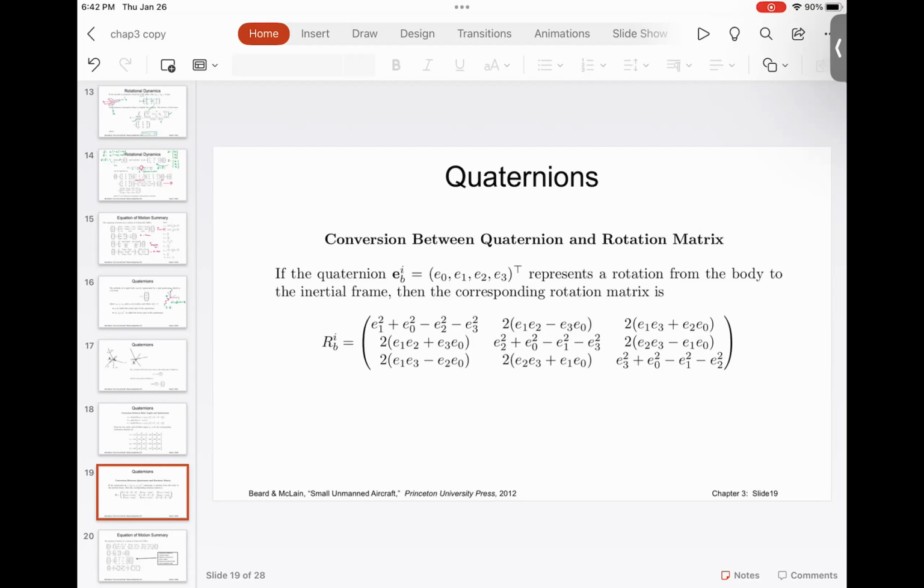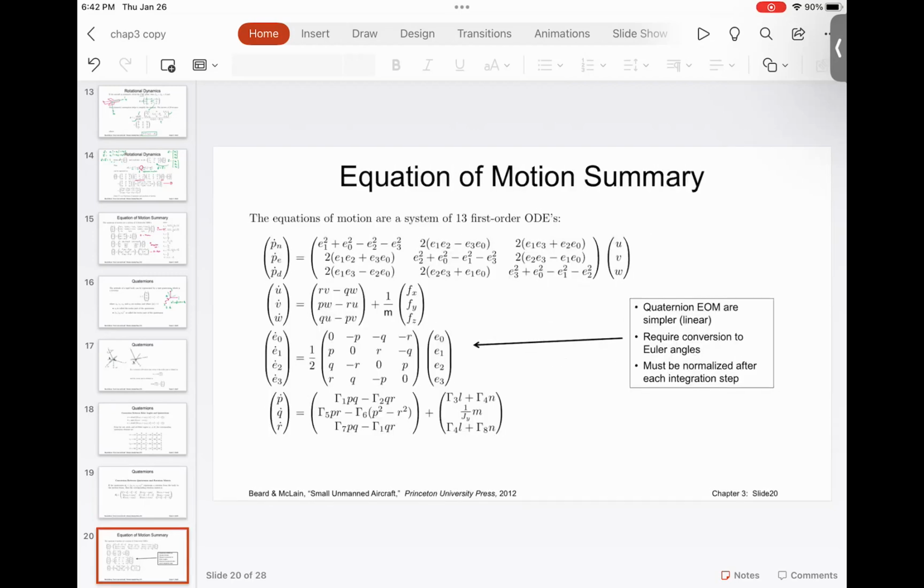But if you want to capture that 0R7, just plug that quaternion in here and you will get 0R7 as a matrix. So you don't have to keep track of all those frames. So quaternions are computationally very, very powerful.